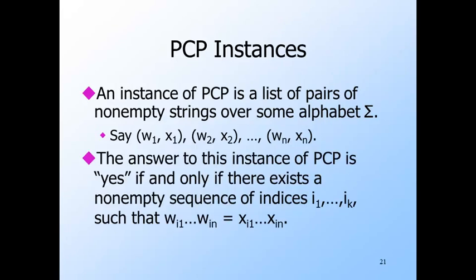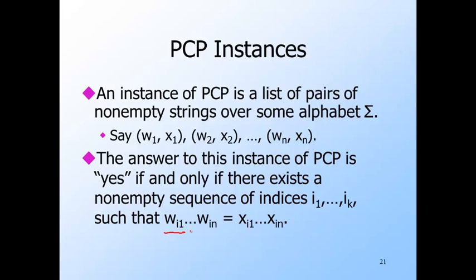The property of the list that makes the answer to this instance of PCP be yes is that when we take the first component from each pair on the list, that is, w sub i1 is the first component of the pair that we indexed as i1. I can't draw on the slide two levels of subscripts.